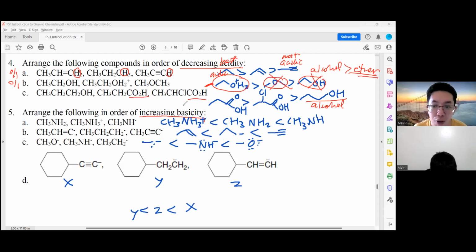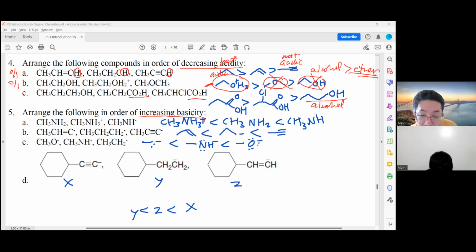Yung merong halogen or yung walang halogen? Ano nga ulit ginagawa ng halogen kapag nandun siya? Halogen is what? Electronegative or electropositive? Halogens mo, Josh. Halogen. Ano po sila? Electronegative.